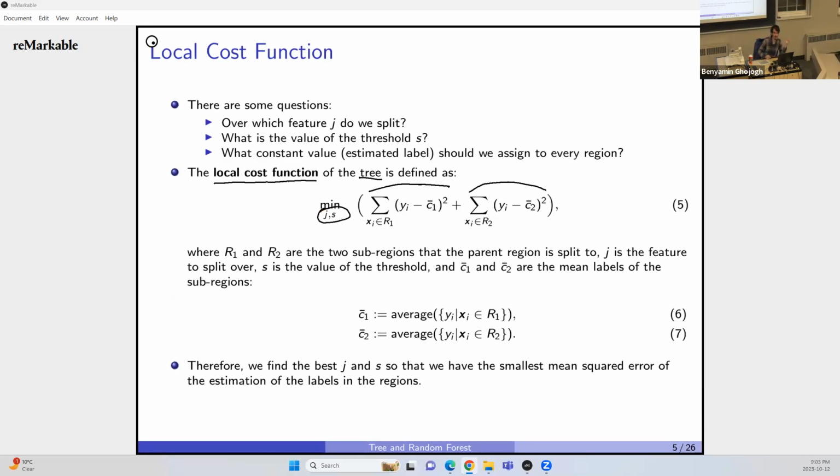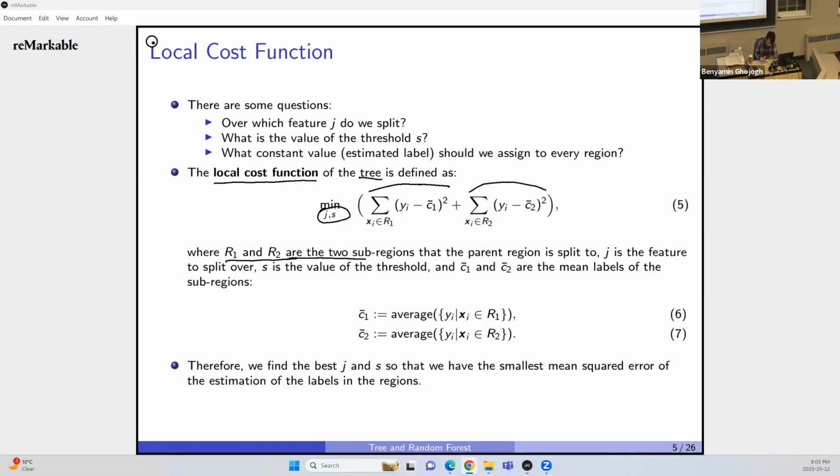J is the integer index of the feature. S is some float threshold, right? That integer index makes this hard to optimize, because it becomes a discrete optimization problem. Whenever in optimization you hear discrete optimization, you need to be scared. It's hard. So we will see what we do.